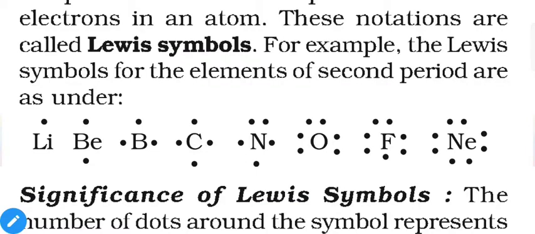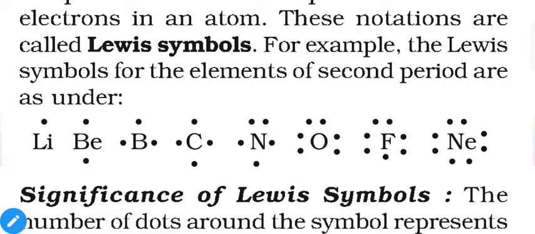Similarly, as we move from lithium to neon, the number of electrons in the second orbit will increase, and all of the electrons present in the first orbit will remain inert, behaving as inner orbital electrons, so they won't participate in bond formation. All you have to do is represent the number of electrons present in the outermost or valence orbital, and this is the Lewis symbol.